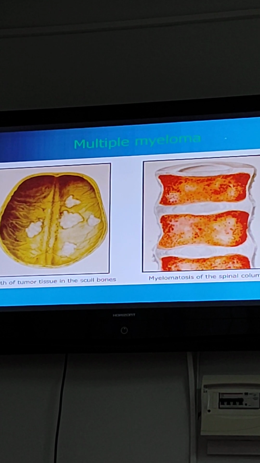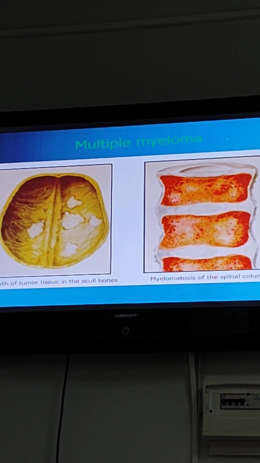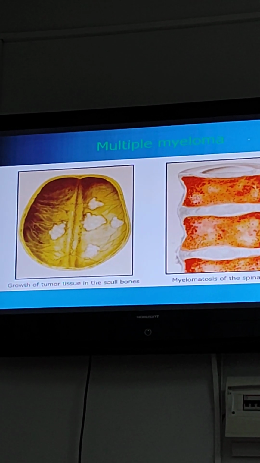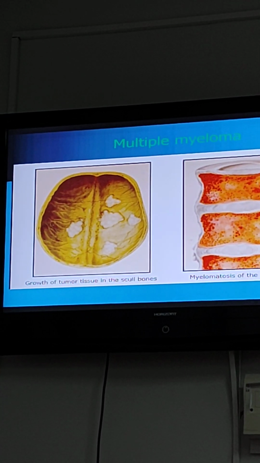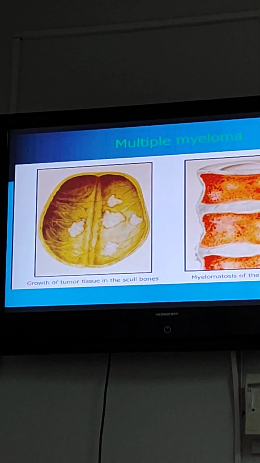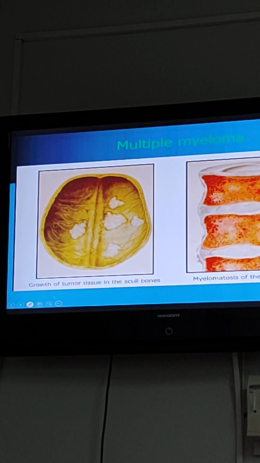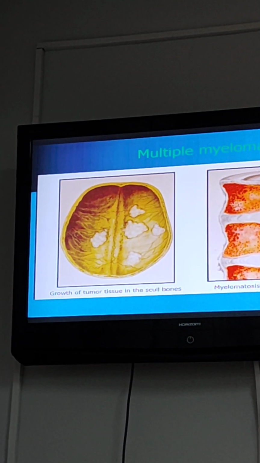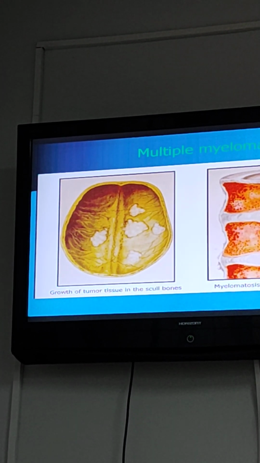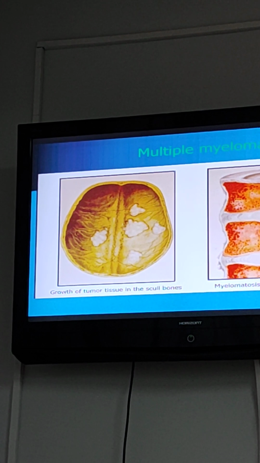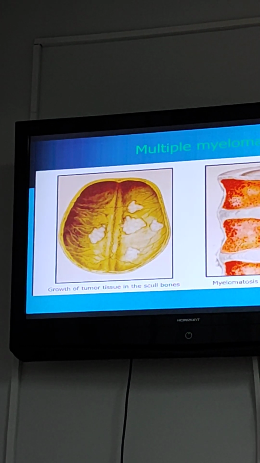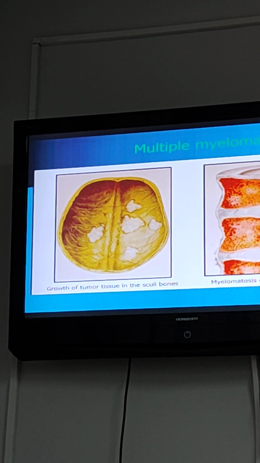Multiple myeloma is associated with destruction of bones, and results in hypercalcemia. The tumor starts growing into the compact bones: the skull, spinal column, ribs, thorax.